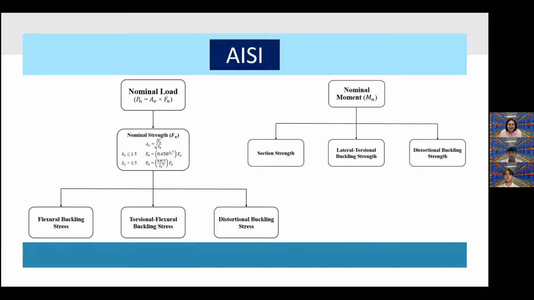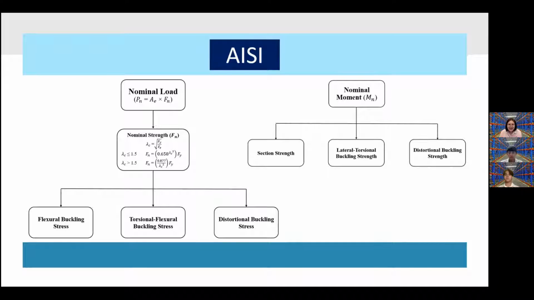The last is distortional buckling state, which is a mode characterized by rotation of the flange at the flange web junction in a member with a stiffening element.